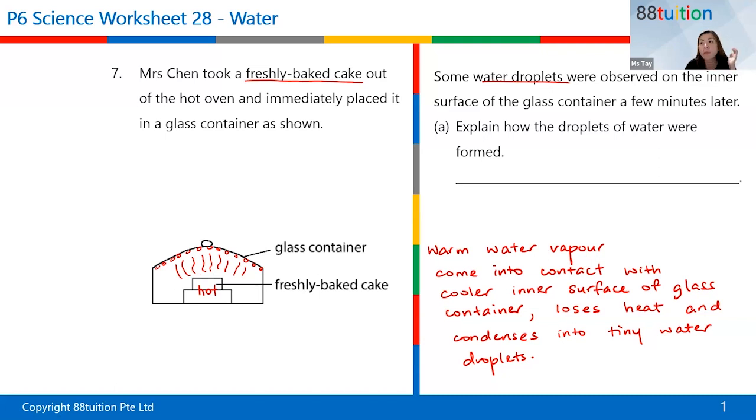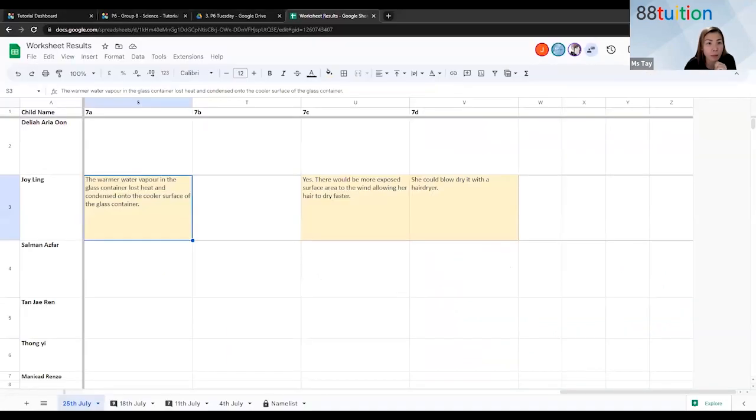Yeah, no problem. Delia, I think you can answer this. The most important thing is, for example, when I look at Joy's answer, warmer water vapor, how come I put her as correct? The way she's answering, I read her answer twice before I decided to mark it correct.